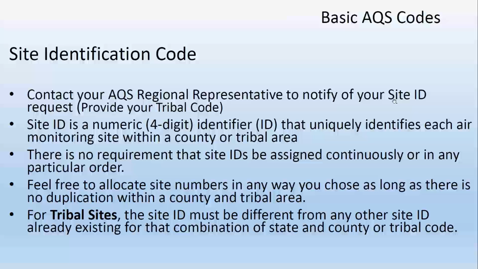This is why it's important to touch base with your regional AQS rep to avoid duplication. For tribal sites, because tribal areas may cross several state boundaries, care must be taken to ensure that the site ID is unique to that affected tribal area and state county. In other words, when a new site ID is assigned in AQS, it must be different from any other site ID already existing for that combination of state and county or tribal code.